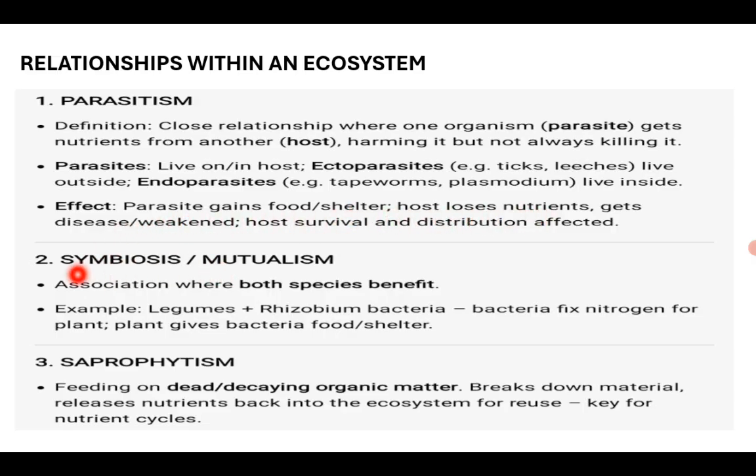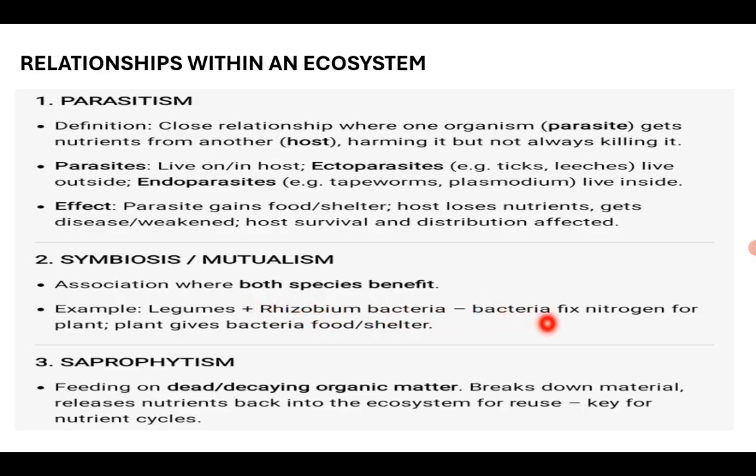Another relationship is known as symbiosis, also known as mutualism. During symbiosis or mutualism, both species will benefit from the relationship. Examples are legumes and the rhizobium bacteria.